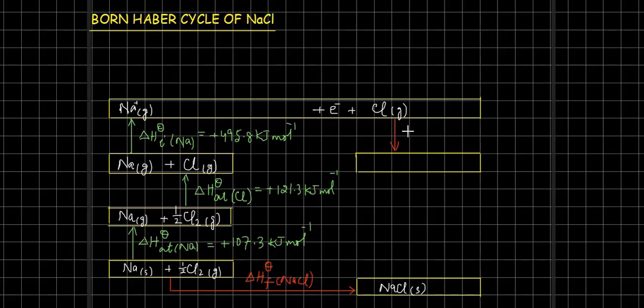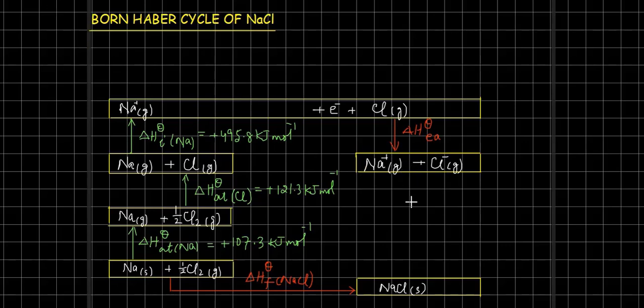So enthalpy change at standard condition, electron affinity. Chlorine will become chloride in gaseous state, and sodium has already formed cation in gaseous state. Okay, so now you can see that sodium ion and chloride ion both are in gaseous state.